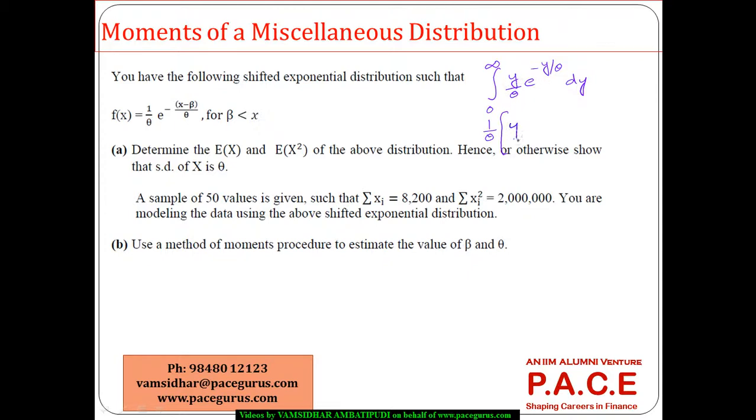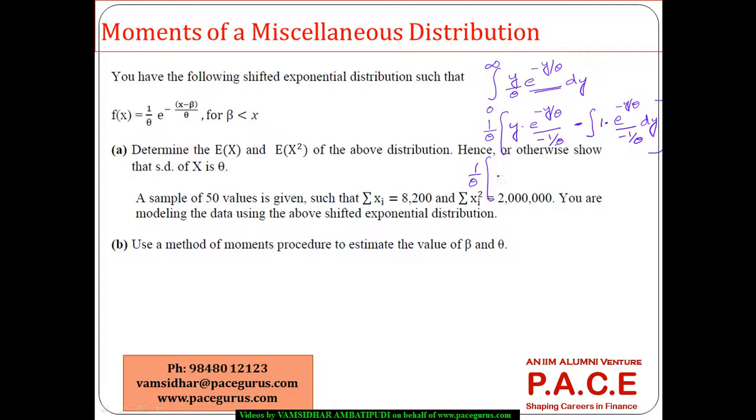The first one I'll take as it is, and for the second term I'll do the integration, which is e to the power of minus y by theta divided by minus 1 by theta, minus the integral of the derivative of the first one, which is 1, times the integral of the second one, which is e to the power of minus y by theta by minus 1 by theta, dy. This is what we do in integration by parts, just a step by step workout without missing.